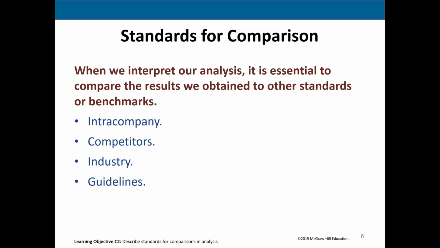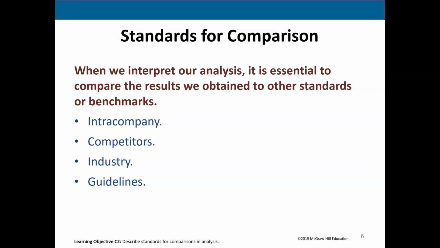You also want to look at competitors. If you're looking at Walmart, you may also want to look at Target because they are similar companies. You want to see how one compares to the other. Then you also want to look at the industry as a whole. Take Walmart, for example, and look at all similar retail stores and come up with an average of all the stores together and see how Walmart compares to the average of everyone in the industry.